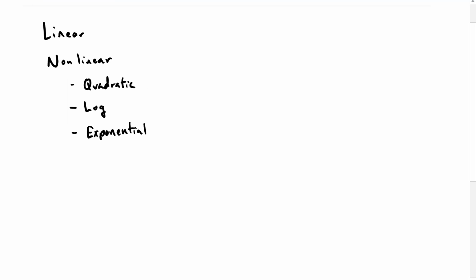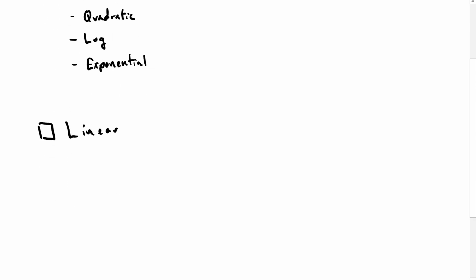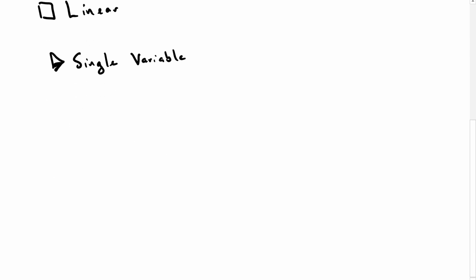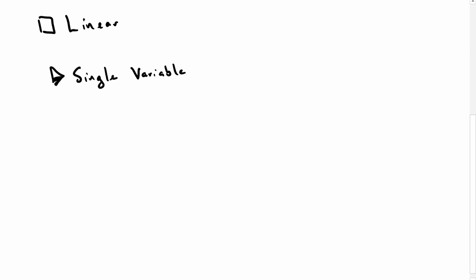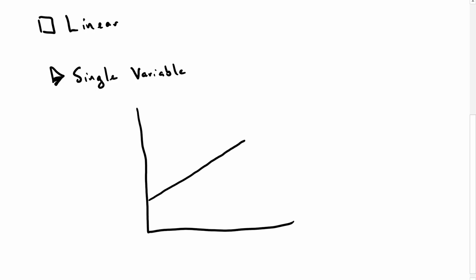Okay, so first we're going to start with linear. And within linear, we're going to start with a single variable. Here, what we're just thinking of should be going back to junior high algebra. The slope of a line, right? So we have an x and a y. We're going to call this b.